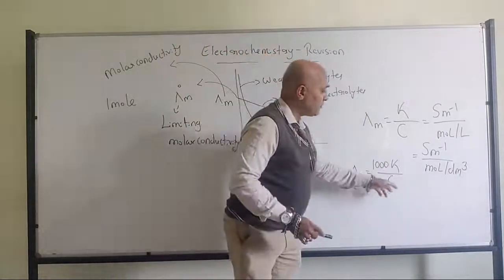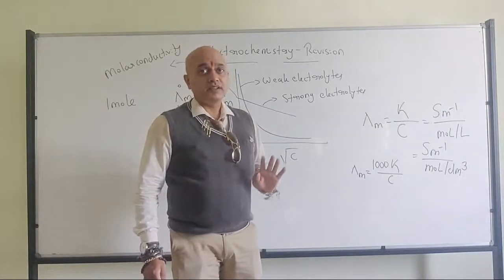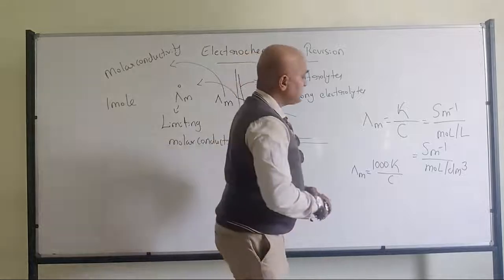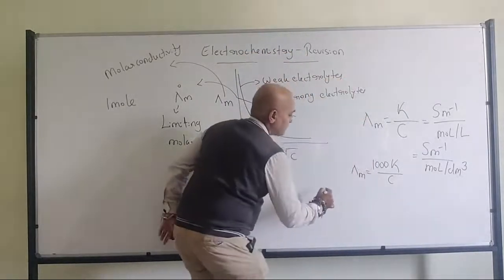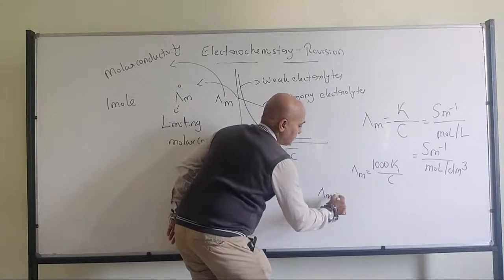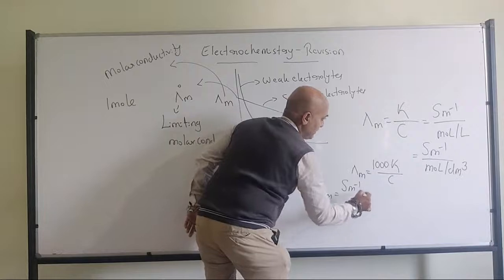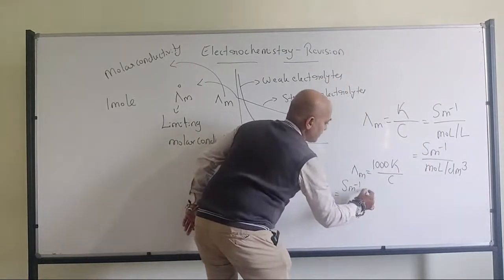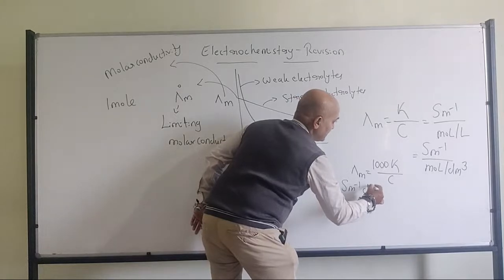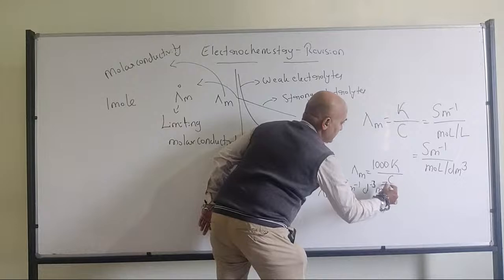Why am I getting 1000 multiplied by kappa? What is the reason? The reason is very simple. Lambda m is equal to Siemens per meter. If I take this meter cube and decimeter cube upward, it will become per decimeter cube and per meter cube.